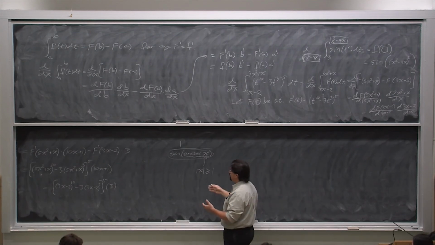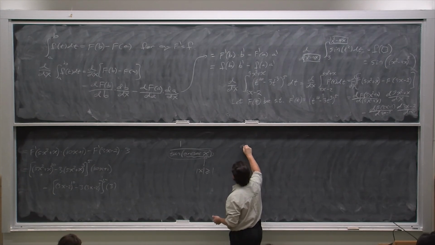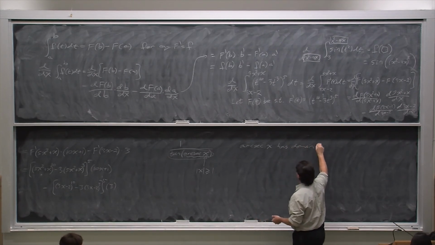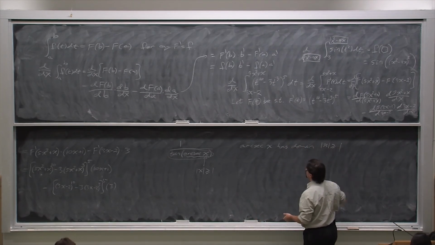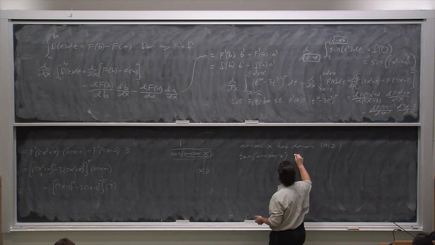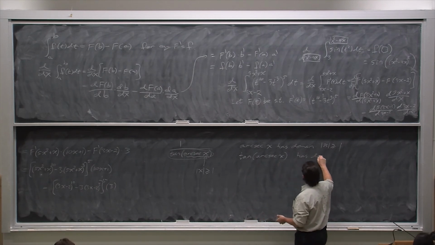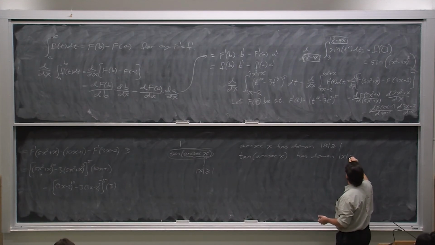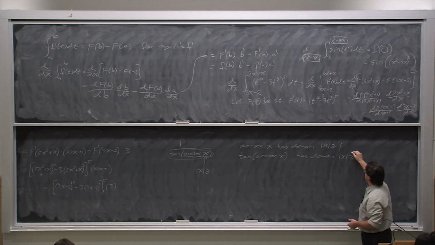So you have to actually give your justifications bit by bit. So arc secant of x has domain absolute x is greater than or equal to 1. Tan of arc secant of x not only has domain absolute x is greater than or equal to 1, we should also look at the ranges.